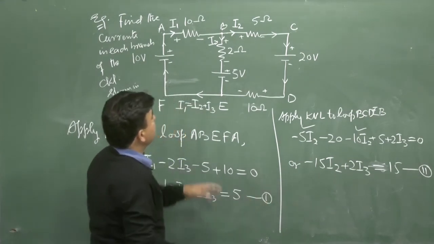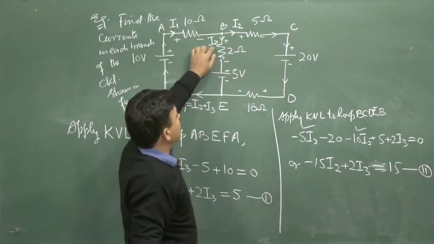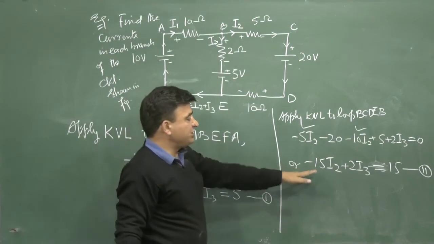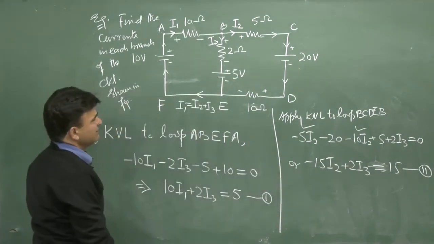Again, because we have the three unknowns, I1, I2 and I3, I have to form three equations. But you can do it like this also.